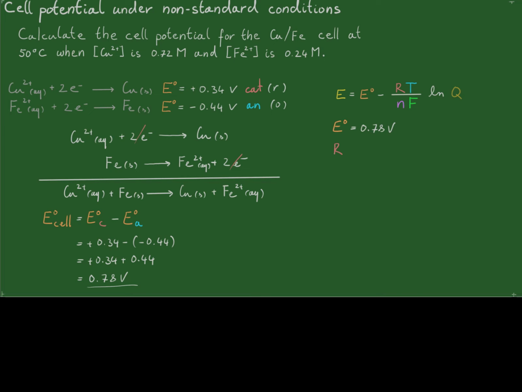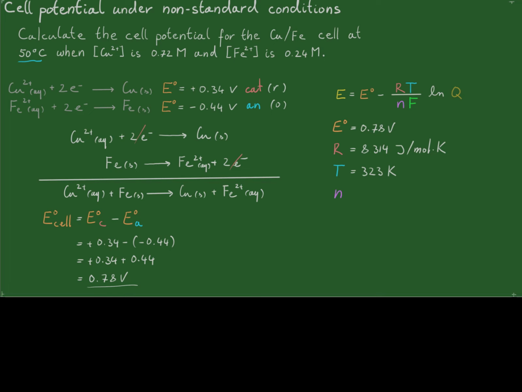R is the ideal gas constant, 8.314, pardon me, joules per mole Kelvin. Temperature, well, it is given as 50 degrees Celsius, but we need it in Kelvin. So that means 50 plus 273, that should be 323 Kelvin.